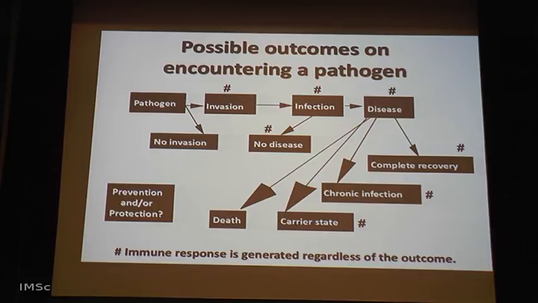That does not mean that the immune response that you have is necessarily protective, in the sense that next time that particular organism is encountered. Let's take Salmonella typhi as an example. I have encountered Salmonella typhi, I have infection and I have mounted an immune response.